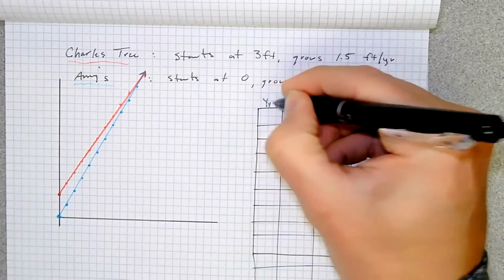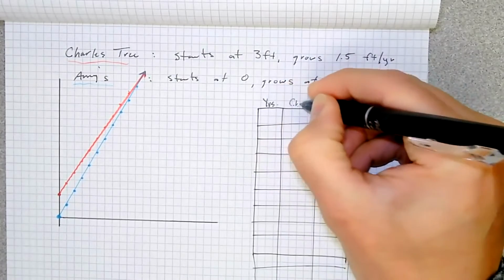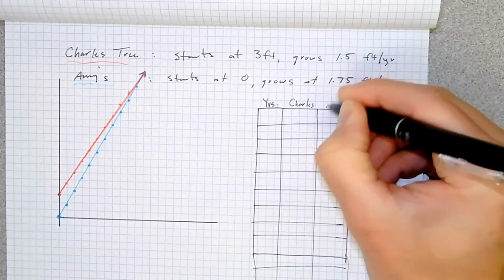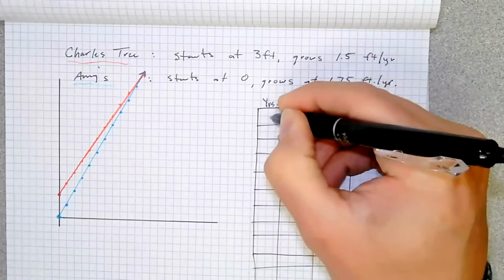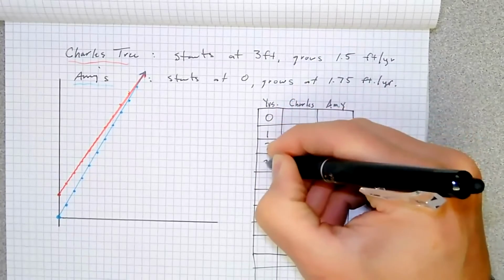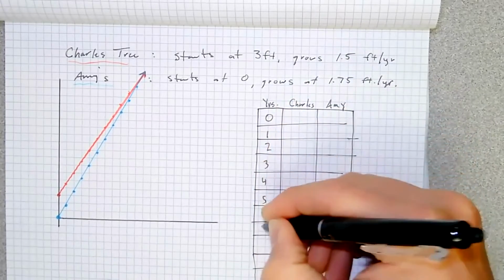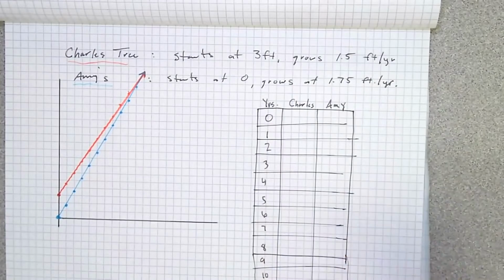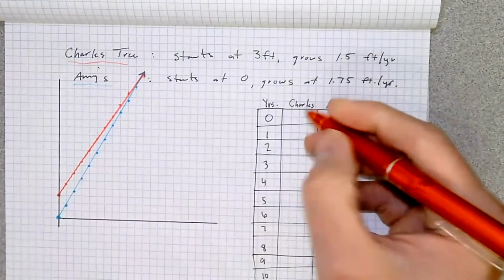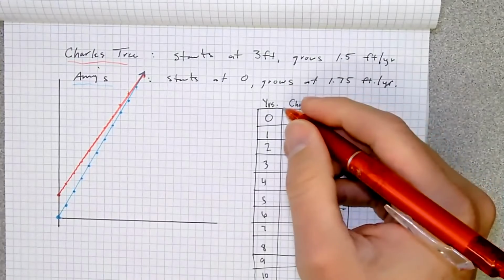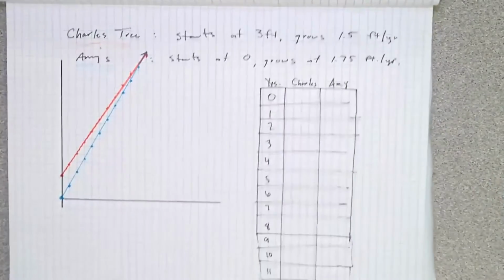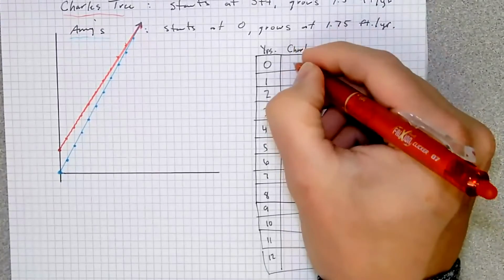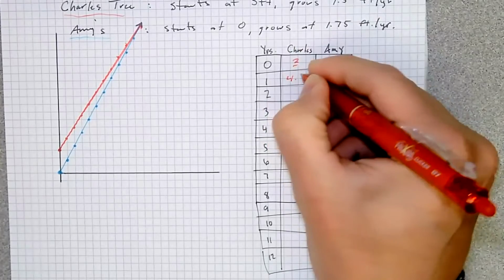So let's say we got years, we got Charles's tree, we got Amy's tree. Okay, Charles going by 1.5. Not too difficult. Start at 3. Then we get 4.5.